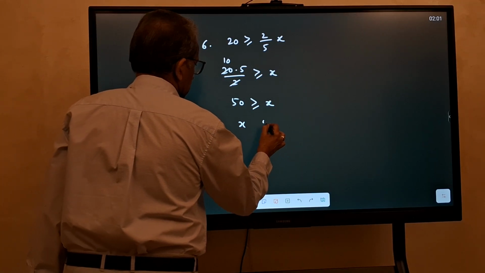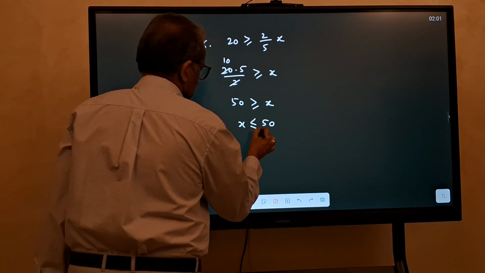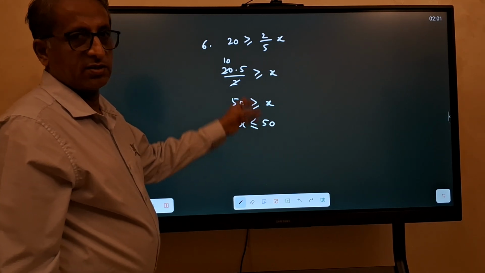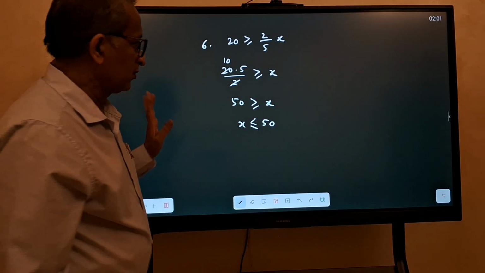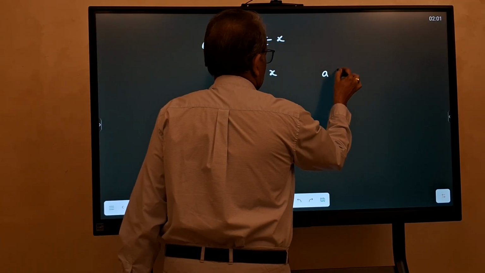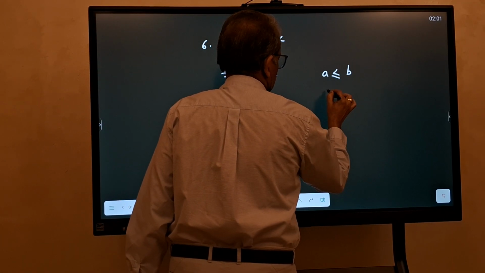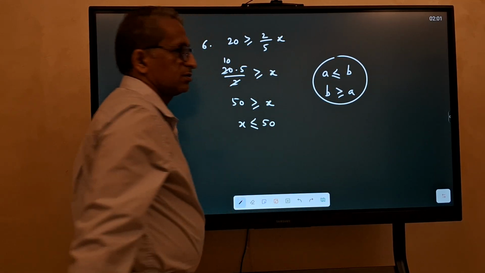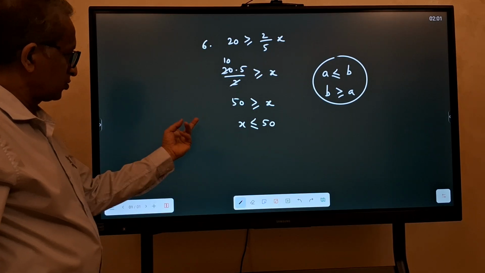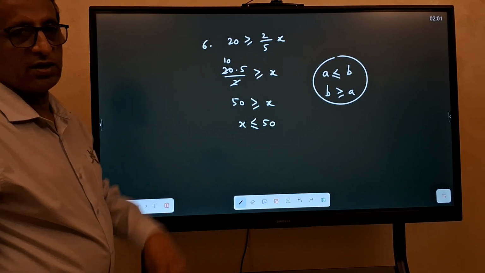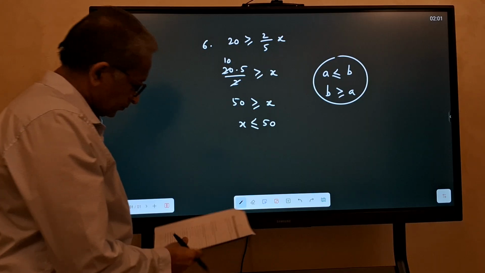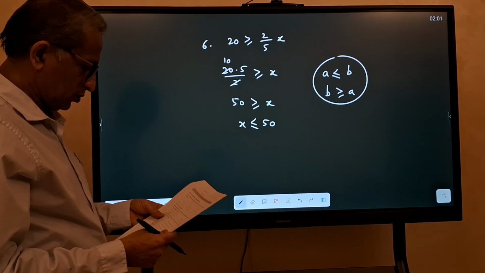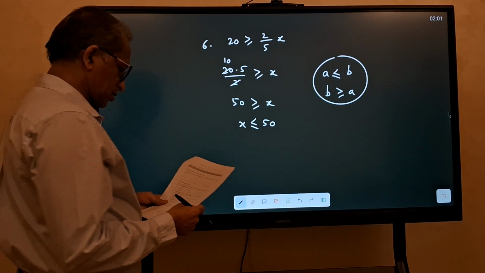But if you do that, the inequality changes, greater to lesser or lesser to greater, equal to the same thing. So you should know that if A is less than or equal to B, then B is greater than or equal to A. Remember always. This is the rule. If you change the place, you change the inequality. So you can do the remaining questions.